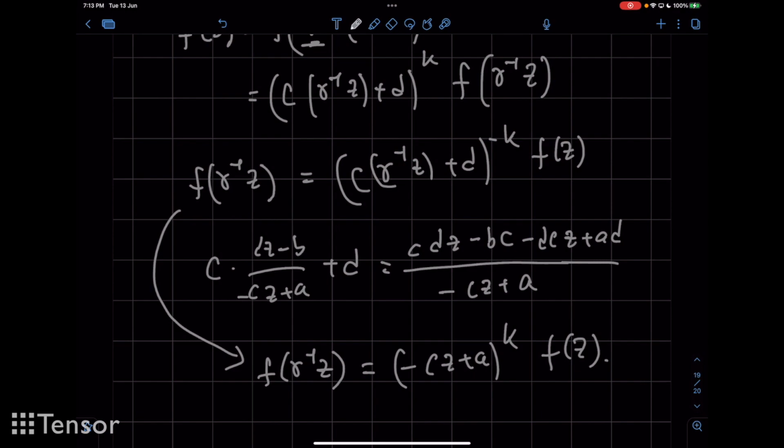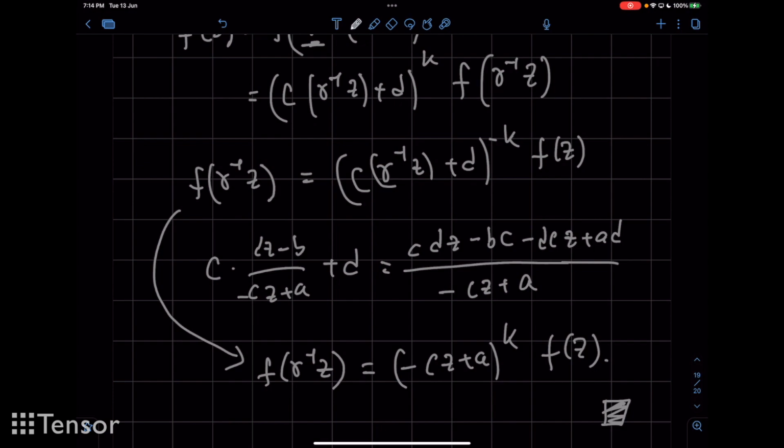So we have finally proved that if F satisfies the modularity condition for two matrices, then F satisfies the modularity condition for the product of them. Also, F satisfies the modularity condition for the inverses, right?